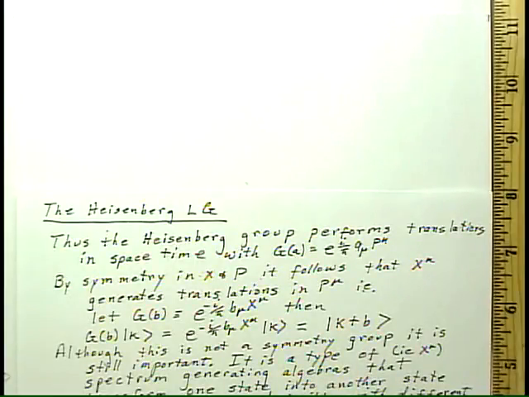So now, although this is not a symmetry group, it's still very important. It's a type of spectrum generating algebra that transforms one state into another state, not that's invariant under the Hamiltonian, but that it is a physically admissible state with different energy and momentum.